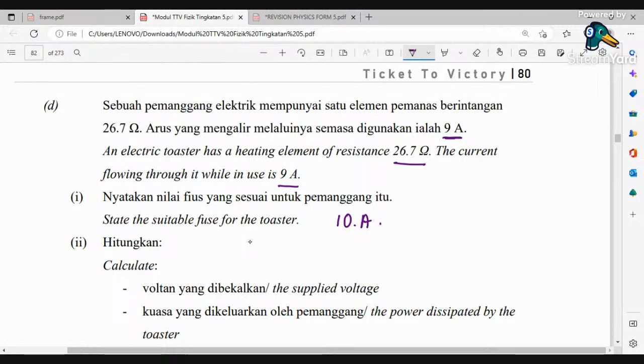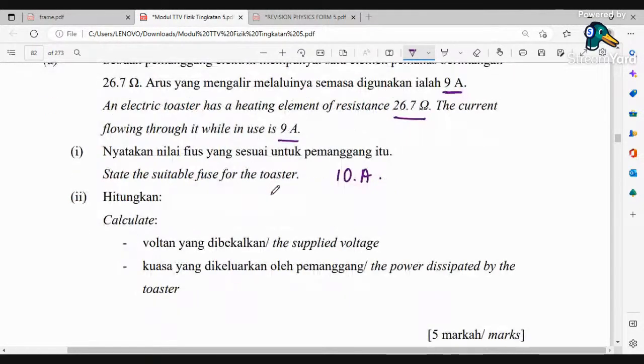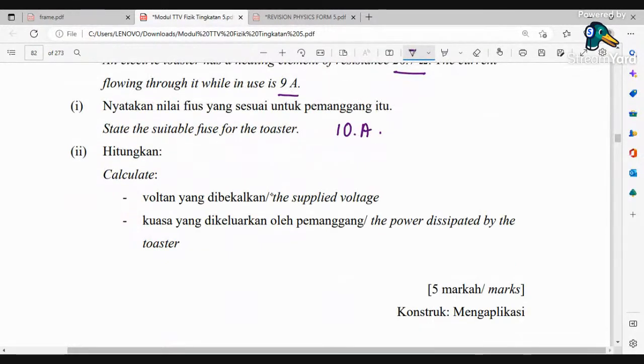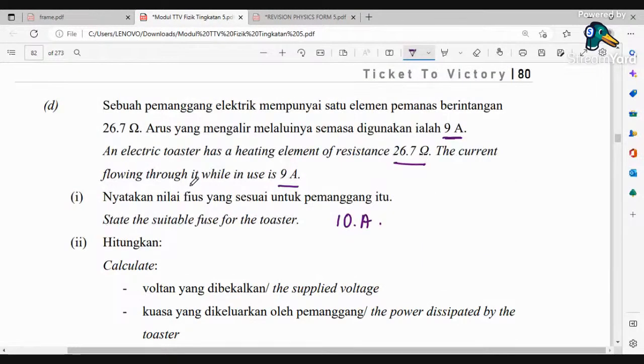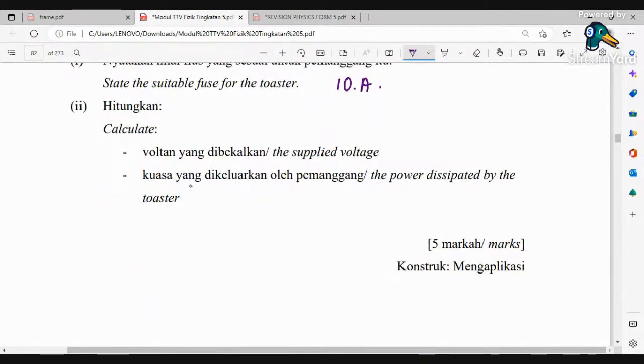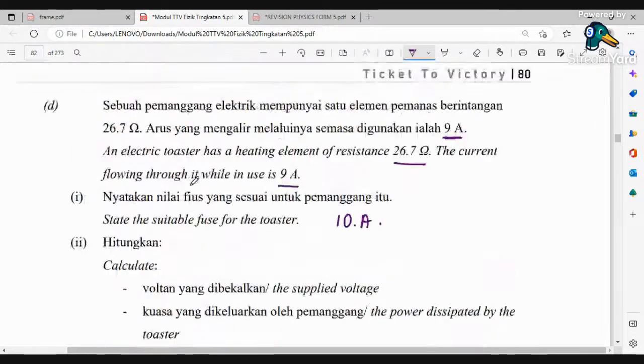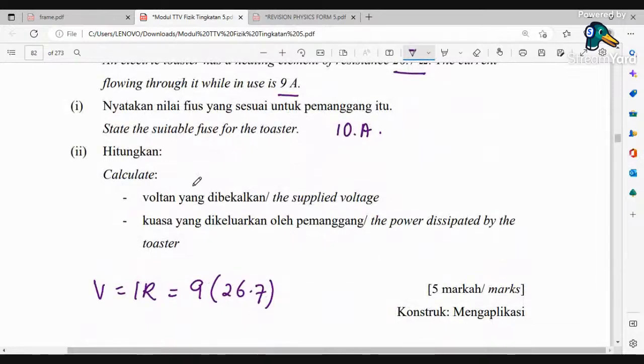Okay, calculate voltage or supplied voltage. Okay, V equals to IR. 26.7.